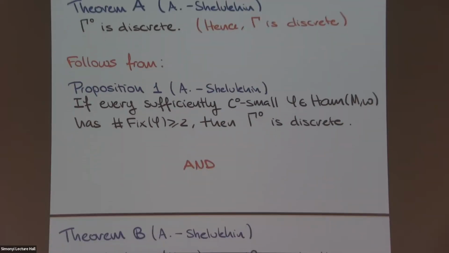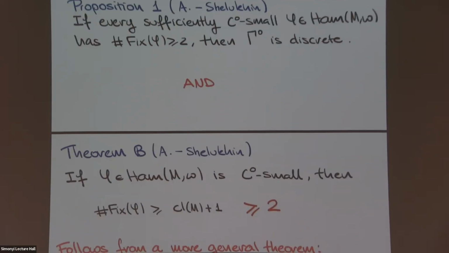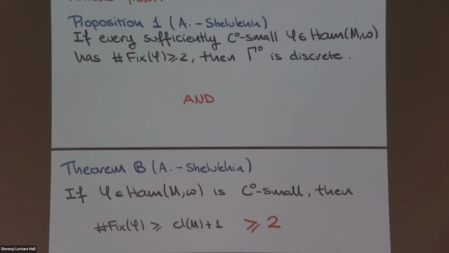And the second theorem is that if phi is sufficiently C0 small, phi being a Hamiltonian diffeomorphism, then it has at least cup length plus one fixed points. So in particular, because n is at least one, it has at least two fixed points.